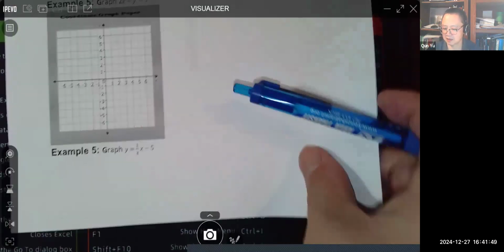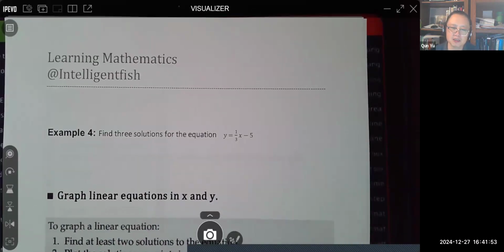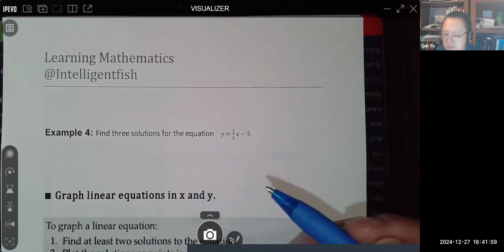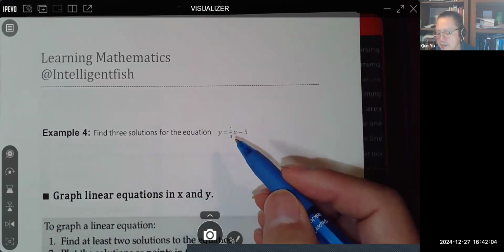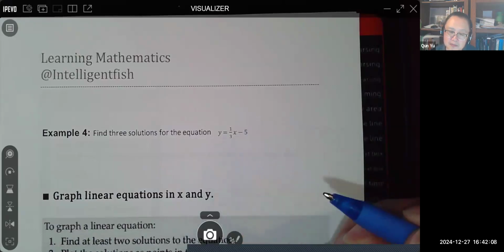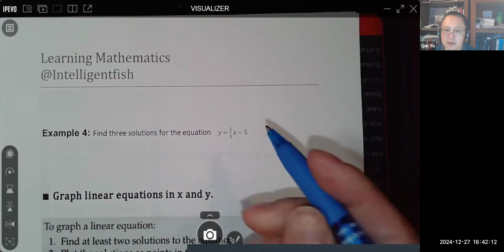Now let's look at example 4. Same question, just a different equation. Find 3 solutions for this equation. Now, the reason we have this one is that we have a fraction in front of x. In theory, again, x can be any number. Actually, it can be whatever you want, it's still going to work out.